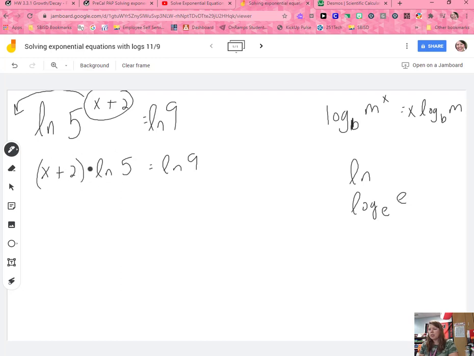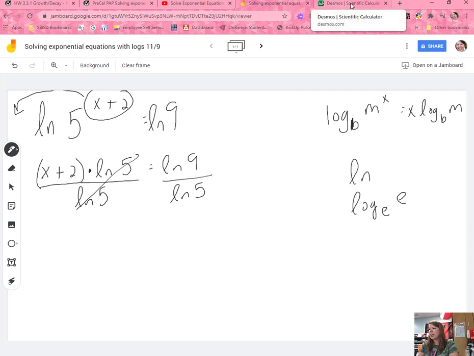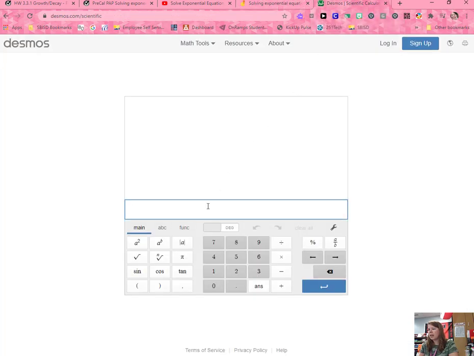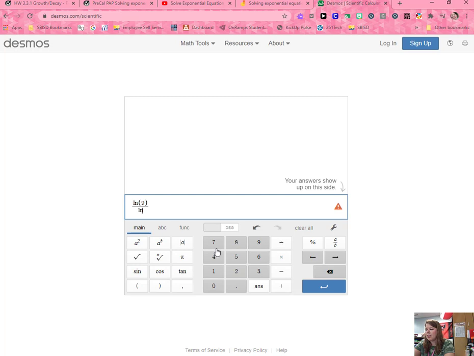These are multiplied, and so just like always, to undo what's happening here, I can divide. So natural log of 5, natural log of 5. This is a number divided by a number, so just a number. Then we can come over here to our Desmos scientific calculator, and so natural log of 9, so ln of 9 divided by ln of 5.